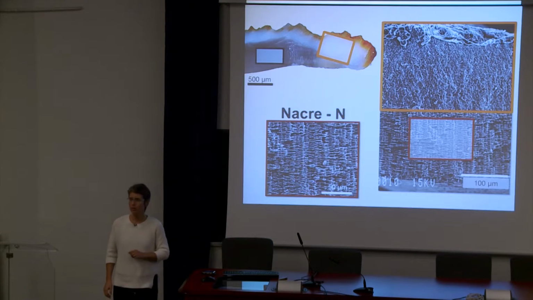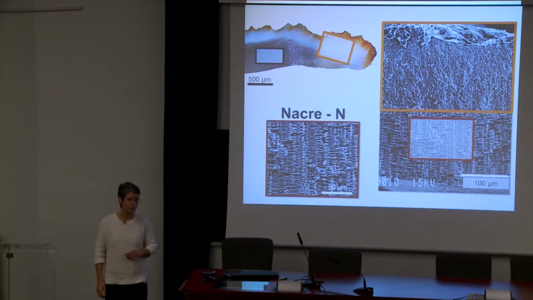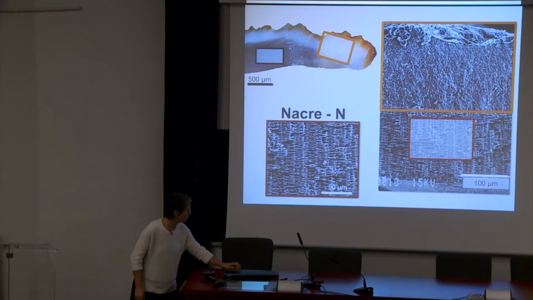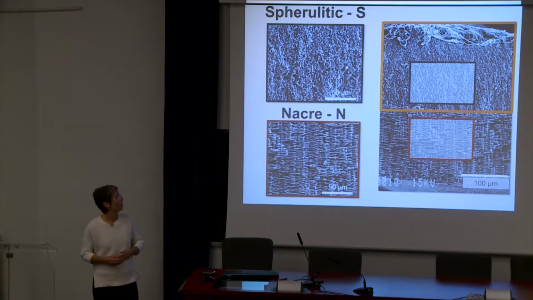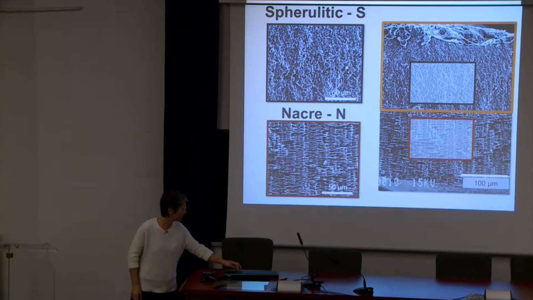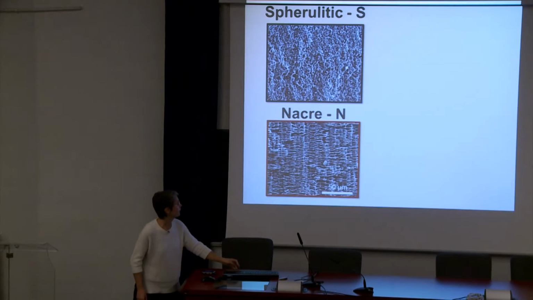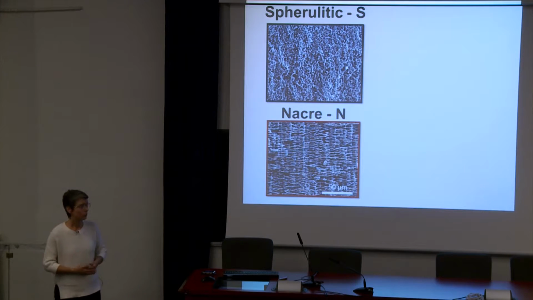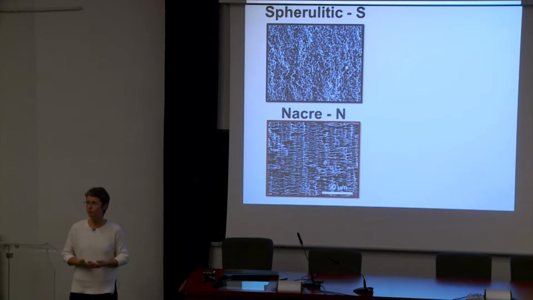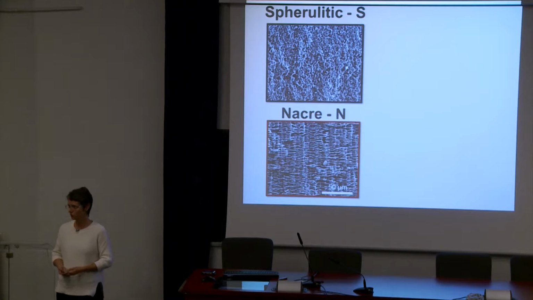The outer layer now has a spherolytic microstructure that consists of irregularly packed granules, and this will be our S layer. Our first point here was to know if these two microstructures secreted by the mantle of the abalone have the same geochemical composition.